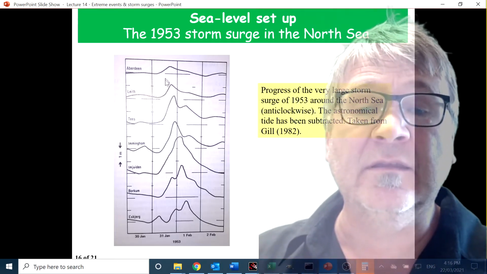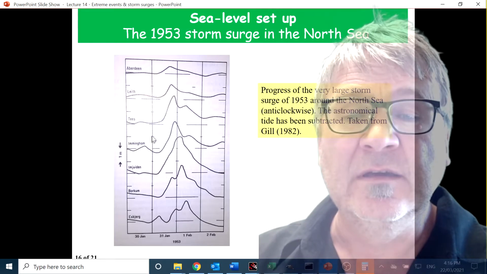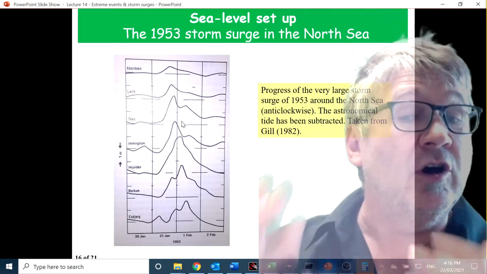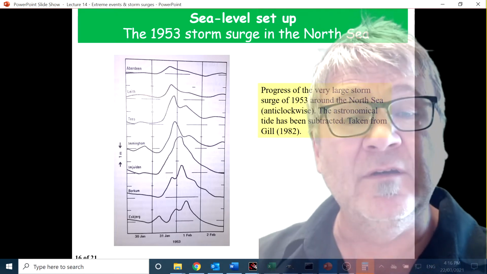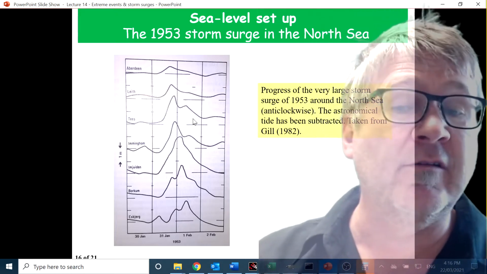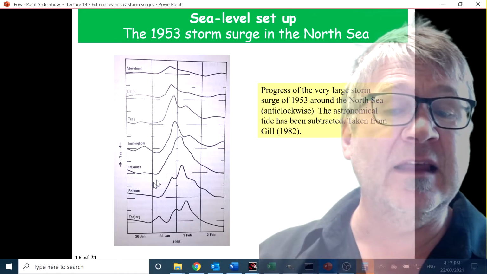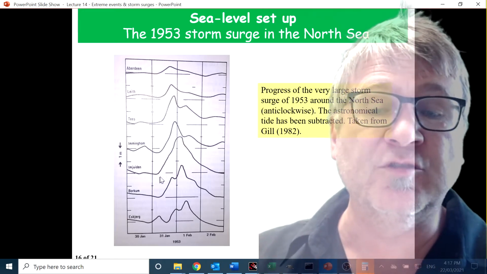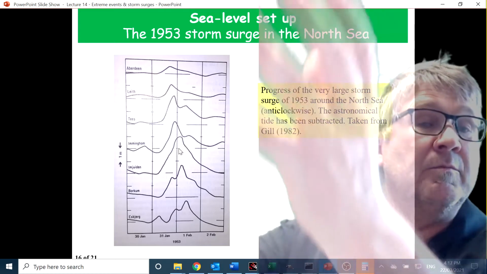Here, this is Aberdeen, and then we go to Leith and to Tees, Immingham, and you can see that the signal of the storm surge is one big wave, and it already has an amplitude of 1.5 meters. And then later on here, it's even a little bit more than 2 meters of an amplitude as it moves through.